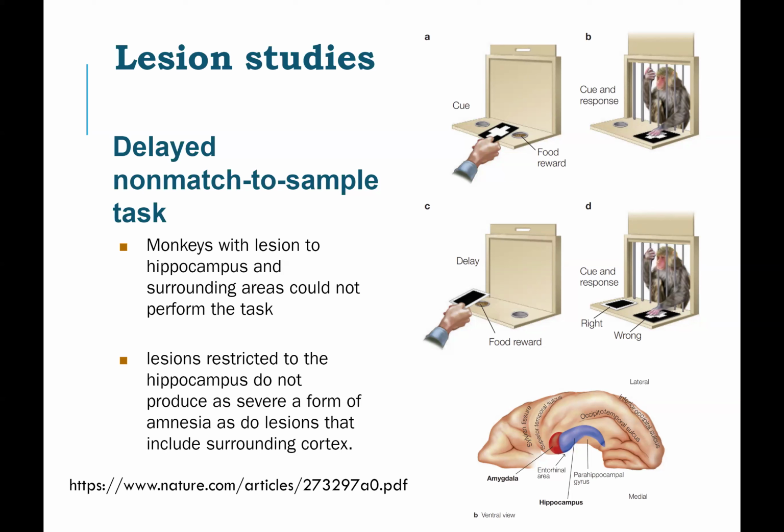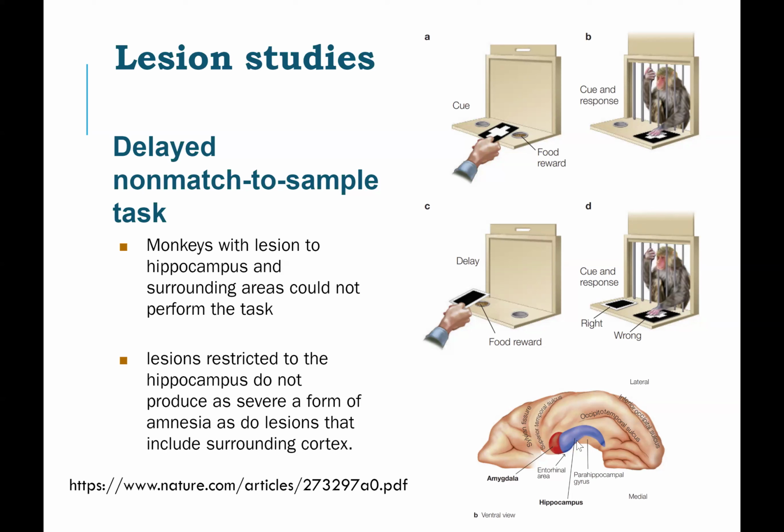But in this case, simple. So they see that this cross is associated with food. They go through a delay. They're supposed to know that what is not the cross is now associated with food. This requires them to have a memory of the previous trial across the delay. Now, what they did is that they lesioned the hippocampus.